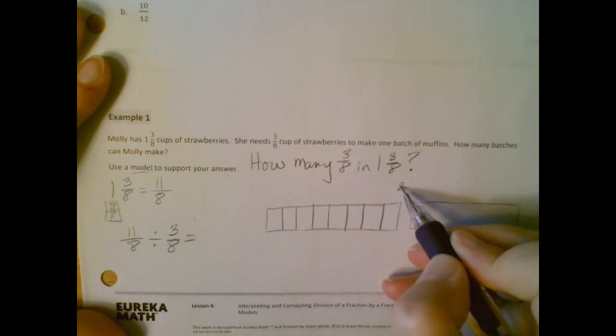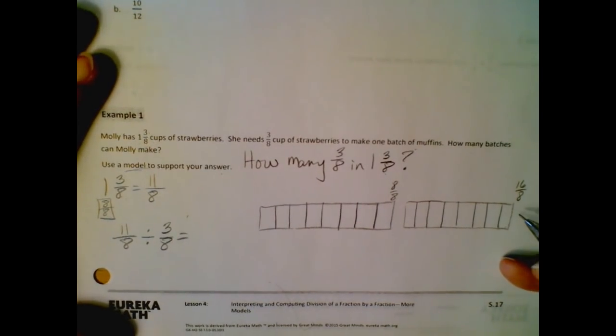So here's my 8/8, then half, a fourth, another fourth, then cut each fourth into eighths. 1 2 3 4 5 6 7 8. Awesome. As I add these all together, if this is 8/8, this is 16/8 because it's two wholes.